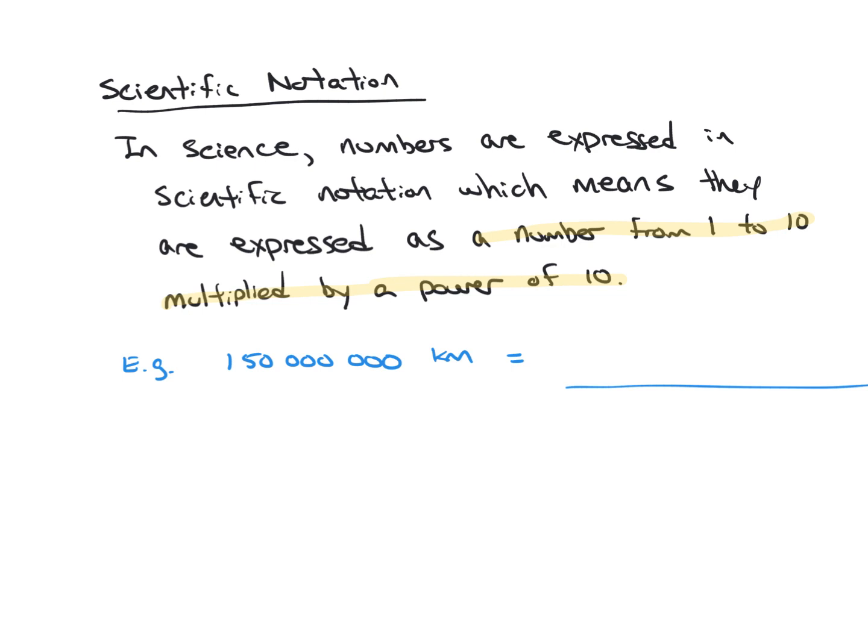I'm not changing the number, okay? That is a very important point. I'm just writing it in a way that looks different, in a way that uses exponents. So one key of this definition is that it needs to start with a number from 1 to 10.